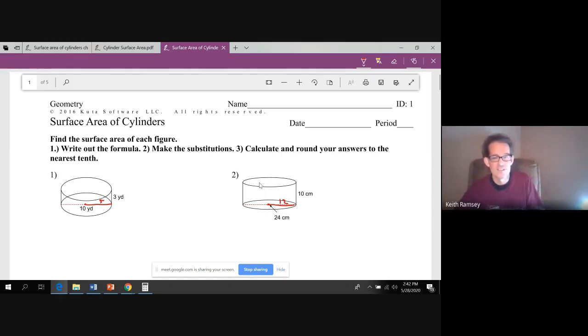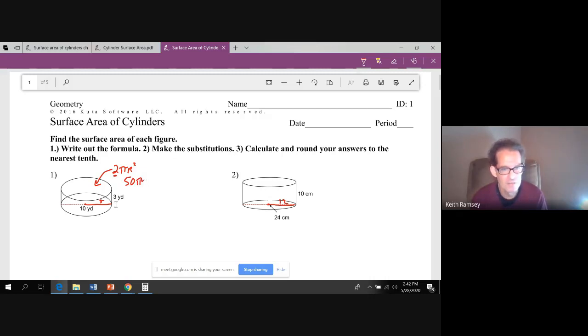Okay, hopefully you had a chance to look at 1 and 2. Let's try these together. So first is my top and my bottom. That's 2 times pi times the radius squared. So if the radius is 5, 5 times 5 is 25, times 2 is 50 pi.